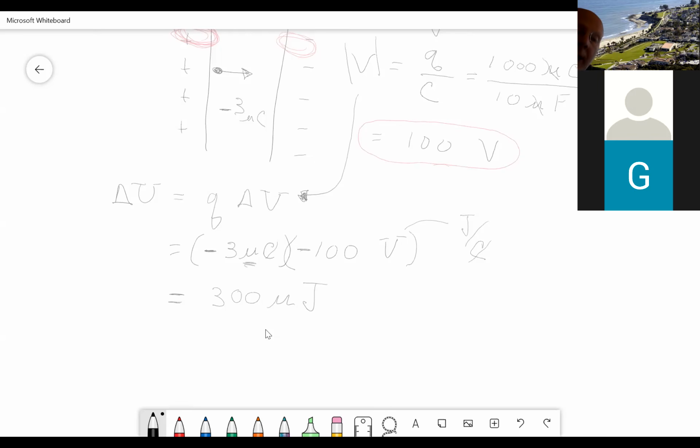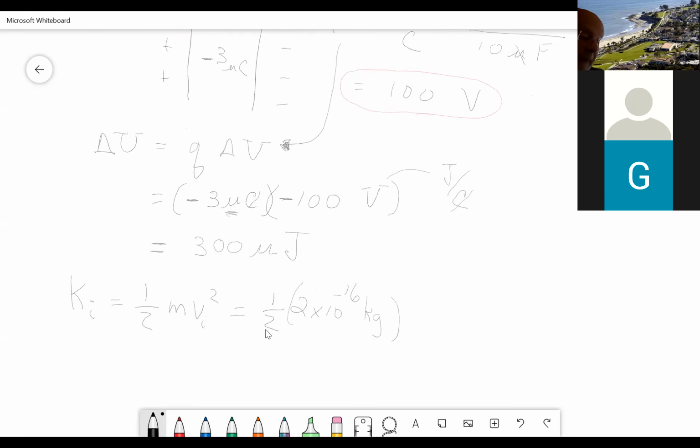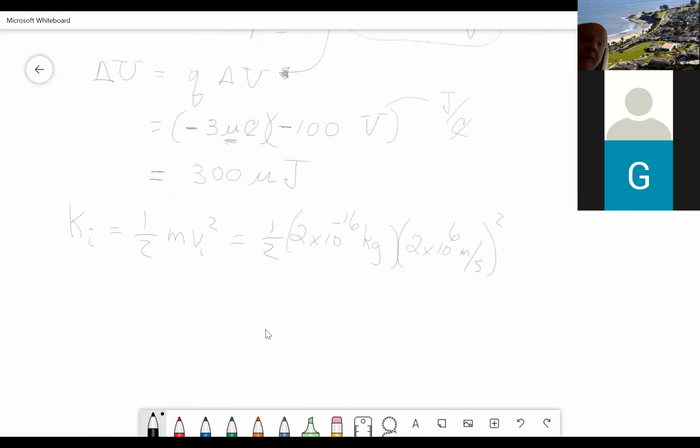So knowing that, I'll put in the 1/2. The mass of this thing was 2 times 10 to the negative 16 kilograms. Its initial speed was 2 times 10 to the 6th meters per second. And so I'll square that.